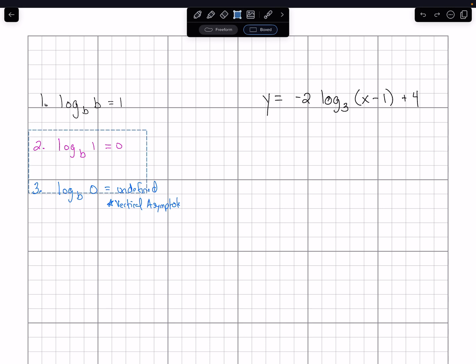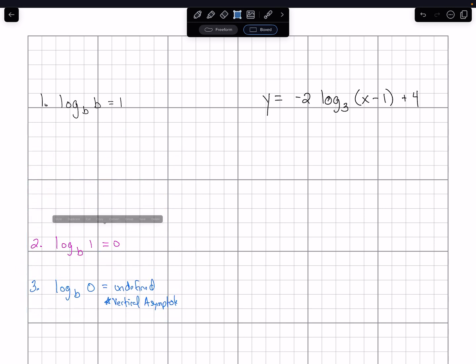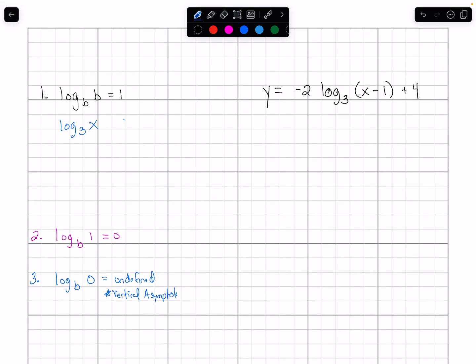So let's take this first one. Any log function I have, I'll just look at log base 3 of x without the x minus 1. Well, if I make this log base 3 of 3, then my answer is going to be 1. What we have is log base 3 of x minus 1.